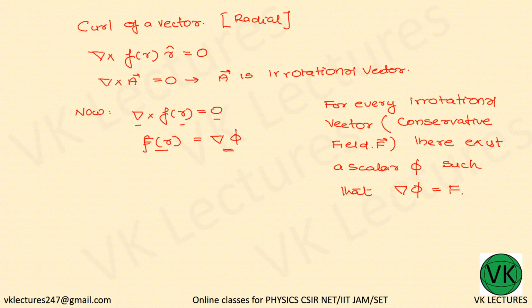Now in this case it will be del cross, so f of r we will write as gradient of the scalar. So the saying is curl of gradient is equal to 0. Okay, curl of gradient is 0.